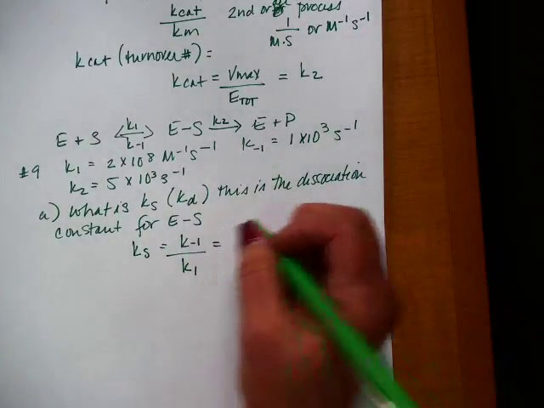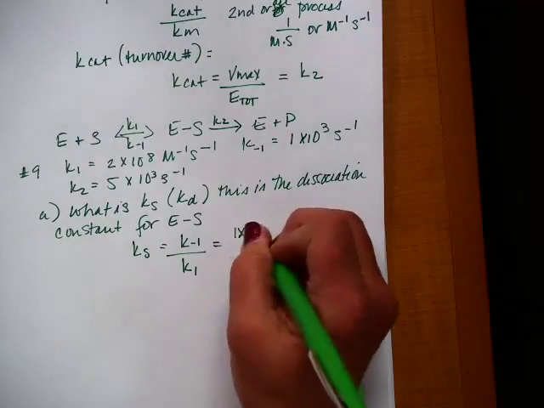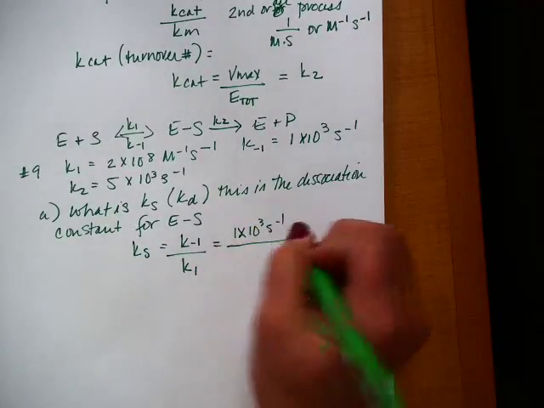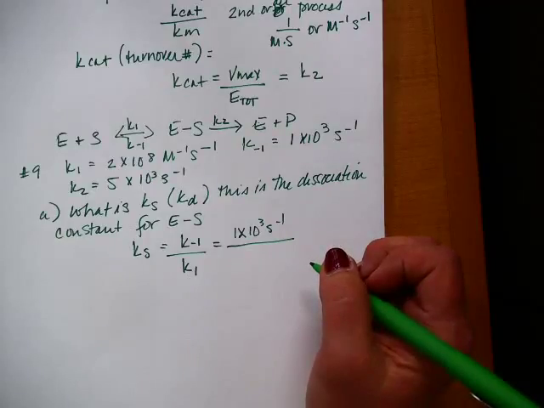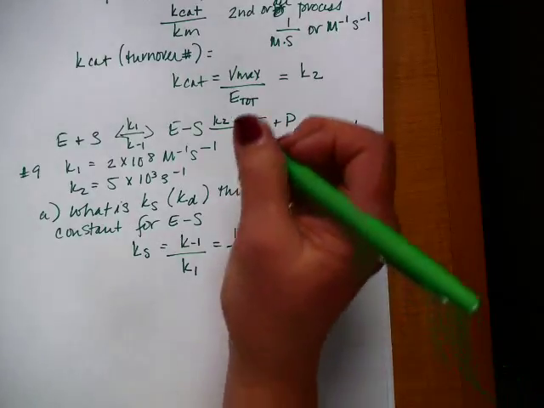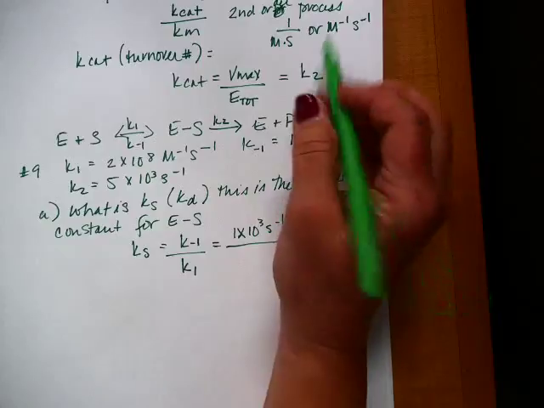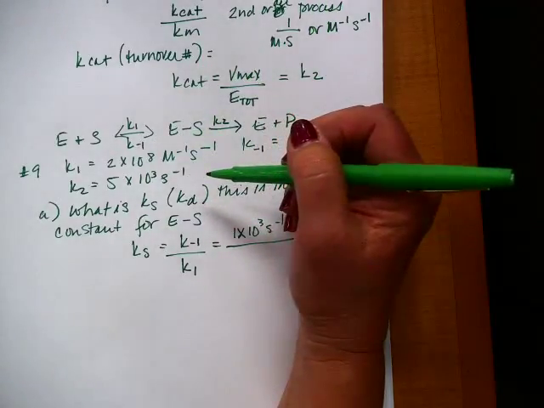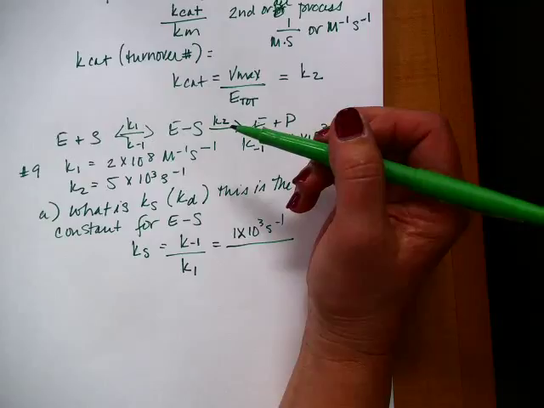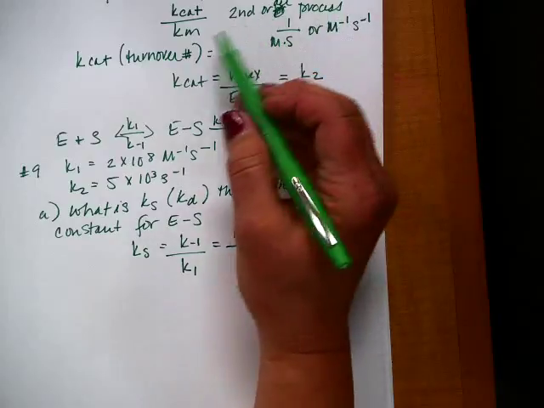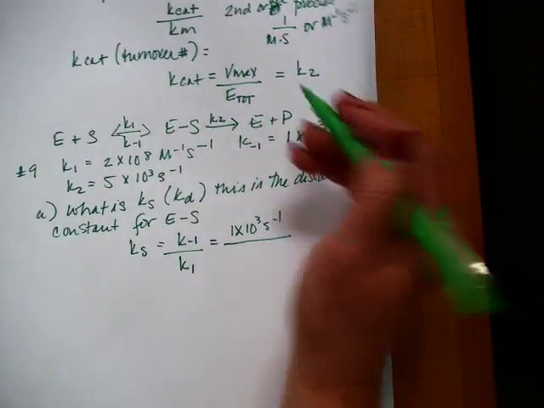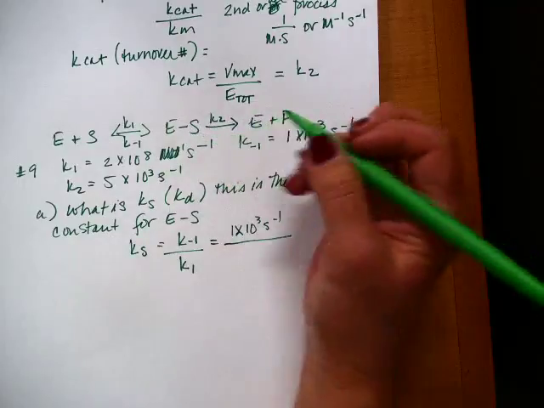So you're just plugging in those numbers, and what we had was 1 times 10 to the 3rd, s-1, over, did I miss something? I got a molarity in here somewhere that I don't think I should have.